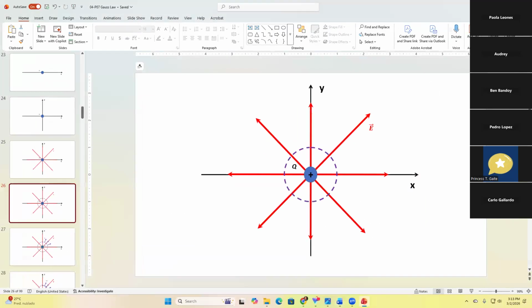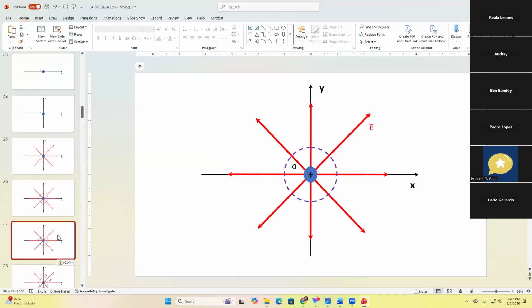And we already have it. Let's see if I put R. I didn't put R there. Let me put R there. So you know that this sphere has a radius R.